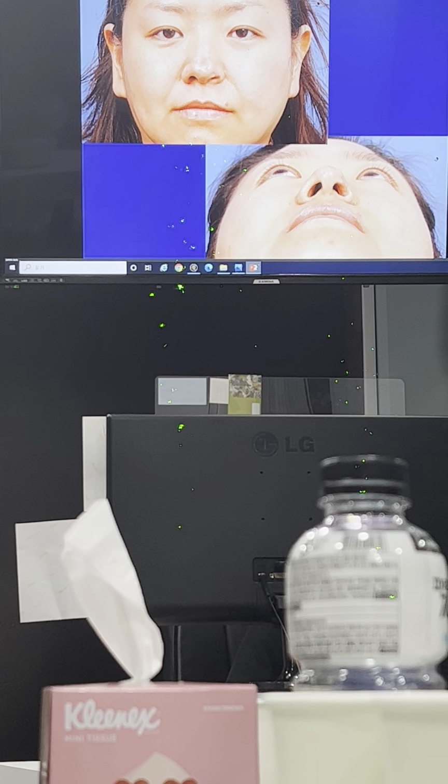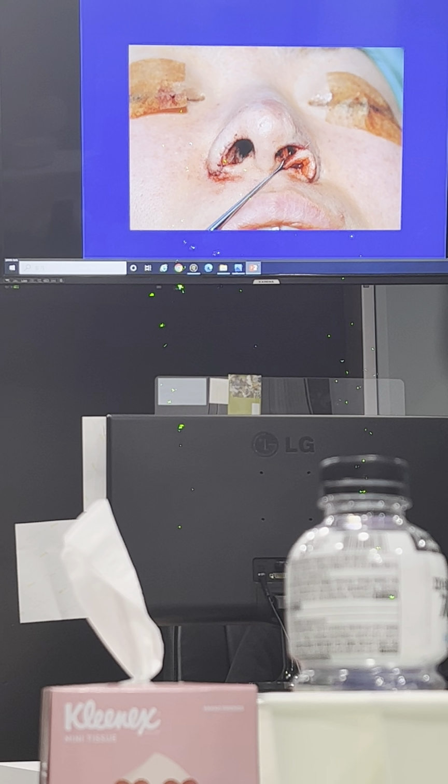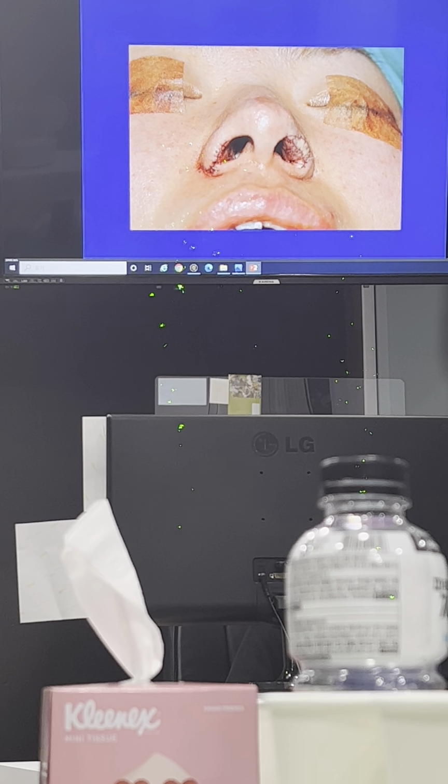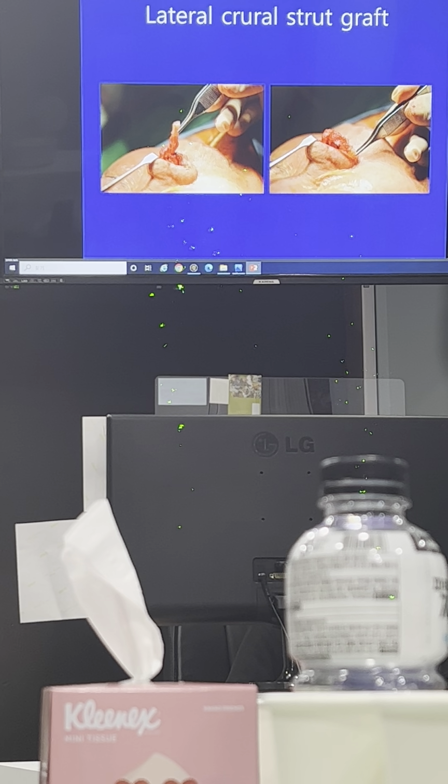Also, the problem is a lot of scar inside. Patients don't like the scar inside. You can touch the cartilage inside, there is some protrusion inside, and they keep complaining.